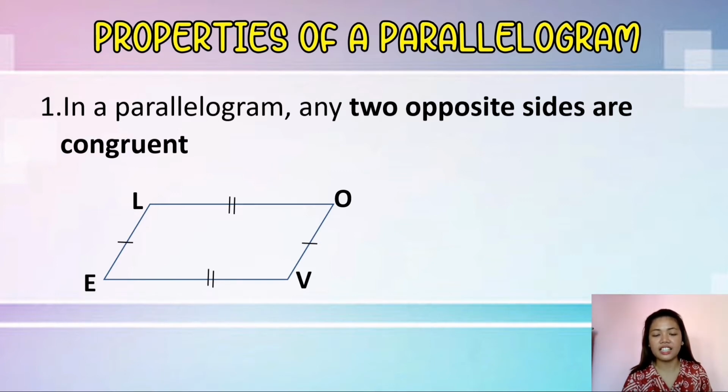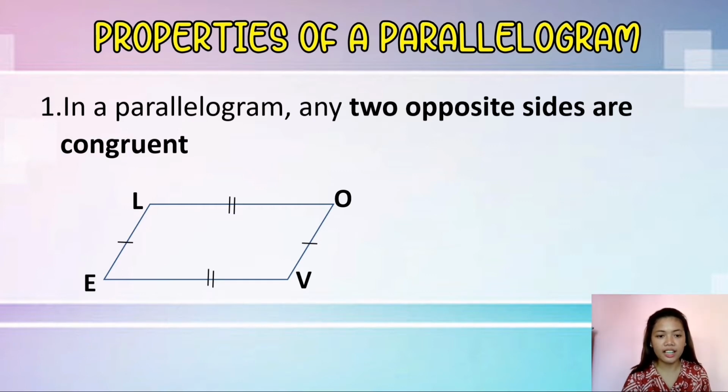Instead of saying that LO is equal to VE, although they mean the same thing, congruent and equal mean the same. We use the word congruent more often when no exact number or measurement is given. So here, how do we show that LO is congruent to side EV? We have the so-called tick marks. The longer side receives more tick marks.